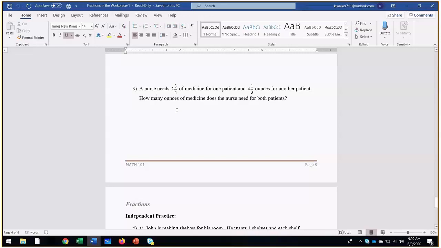How many ounces does the nurse need for both? So what is the total amount of medicine?